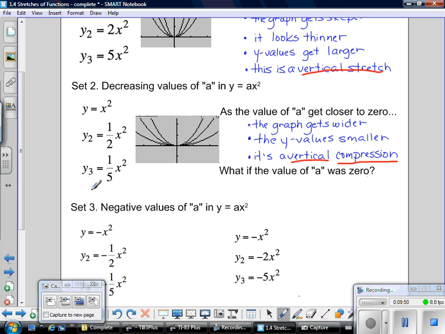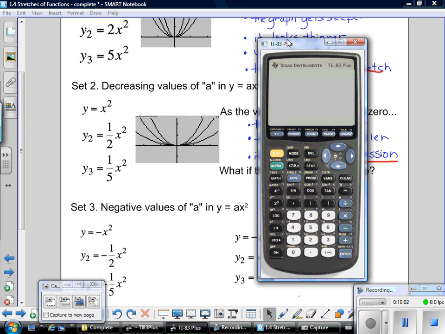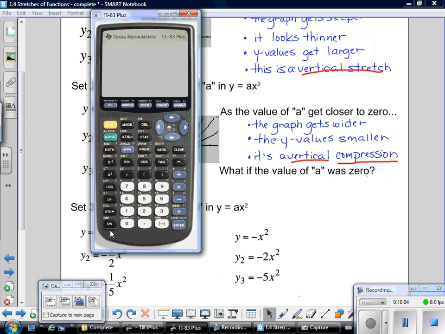Okay, so what if the value of a was 0? What would happen if it was 0? Well, we could actually try it. Let's bring up the graphing calculator again. So what happens if we have 0x squared?